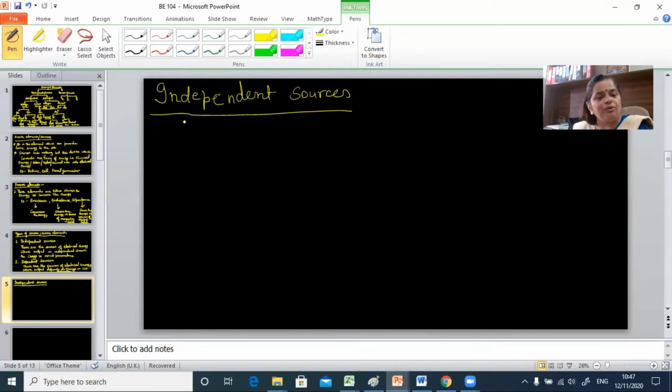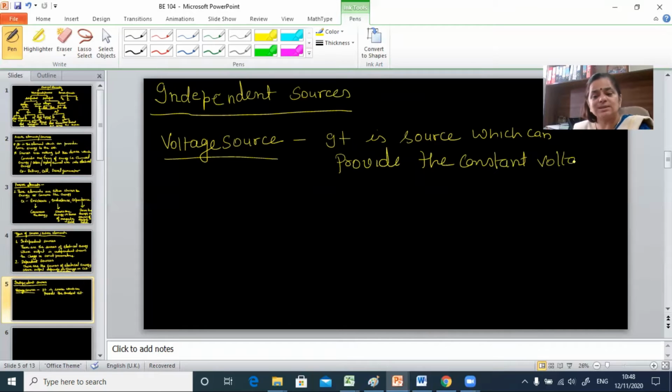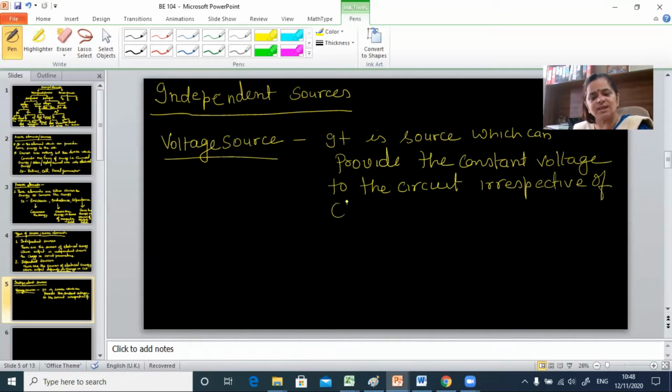So I already briefed what are independent sources. Now, independent sources can be further classified as voltage source and current source. A voltage source is a source which can provide a constant voltage to the circuit, irrespective of change in circuit parameters, because it is an independent source.